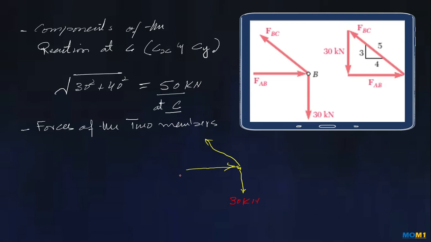Here we are having a compressive force of 40 kilonewton, and here we are having a tensile force of 50 kilonewton, as shown as FBC, FAB.